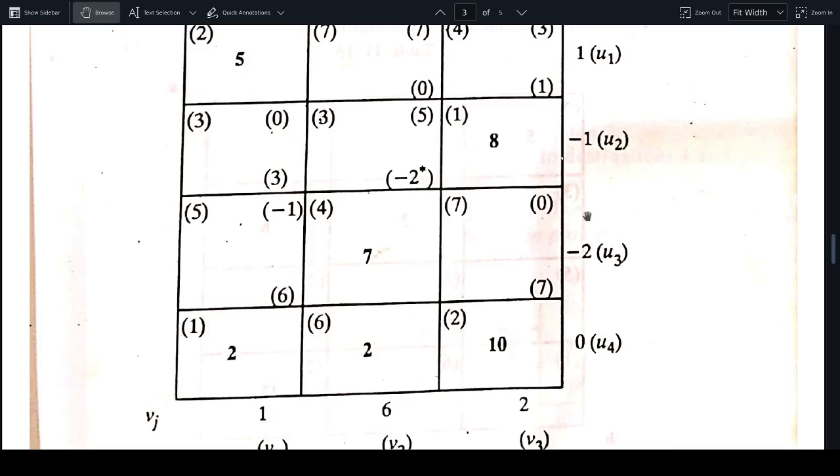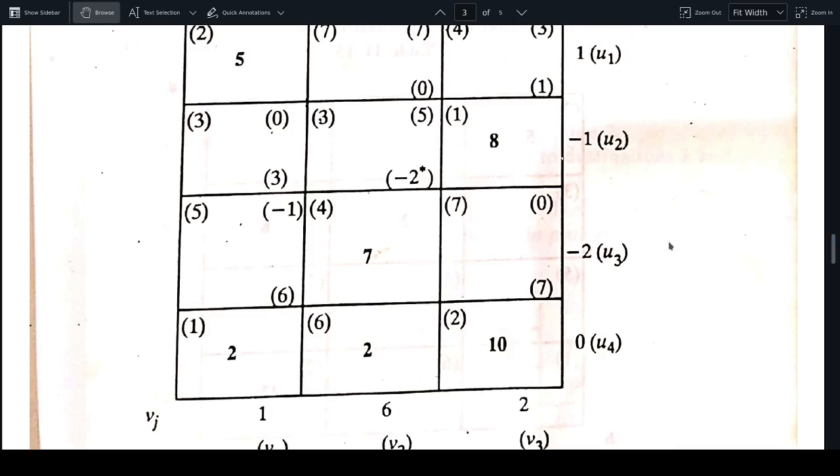In this way we move to cell number 4,2. So you can make a loop in this way: from minus 2 starting, again downward cell where allocation present is 2, again right hand side you move, otherwise it does not form a loop. Where allocation present is 10, you move from 10 to 8, again move, and 8 to 2, again move, then this is a loop. In this way you can.